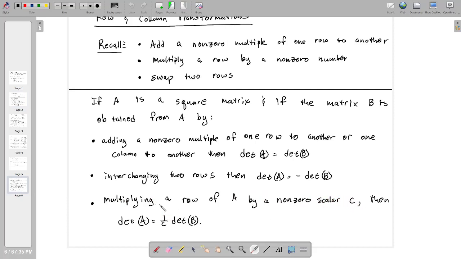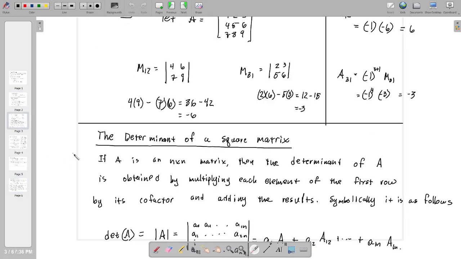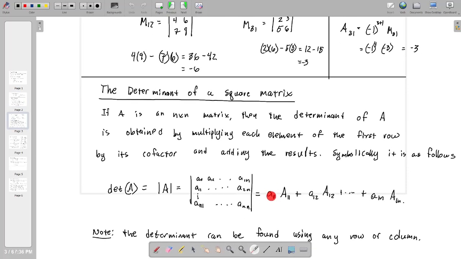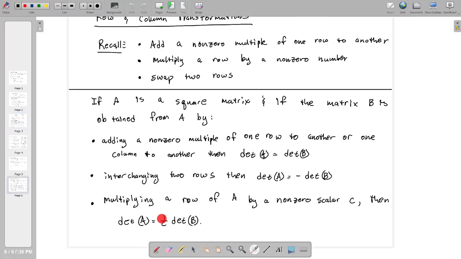If we take a row and multiply it by C, then we need to offset that C in the determinant because each element here, a something something, a something something, and a something something, will be multiplied by C. Now we only need to multiply one row by C, so our determinant needs to be offset by 1 over C. Now if we multiplied all of the rows, then we would have 1 divided by C to the n power, where n is the size of the matrix.